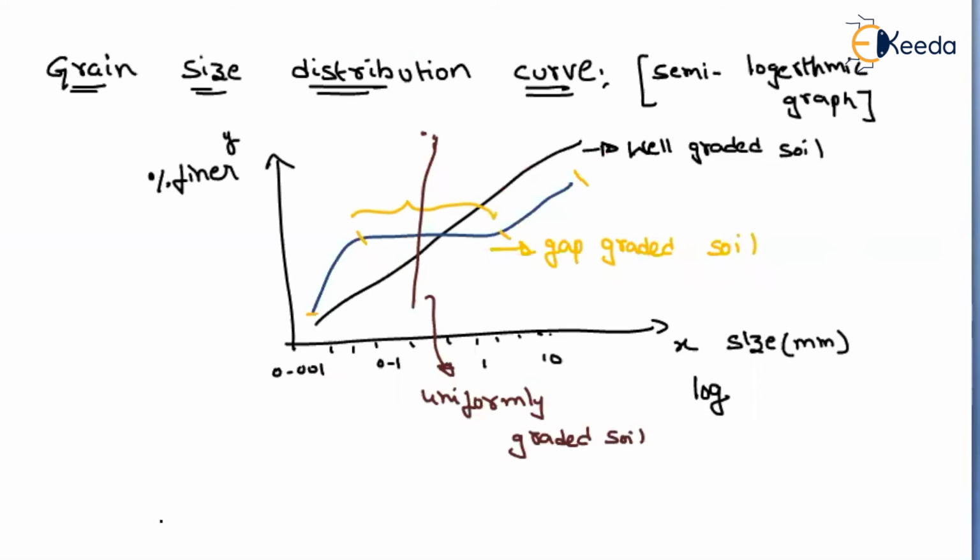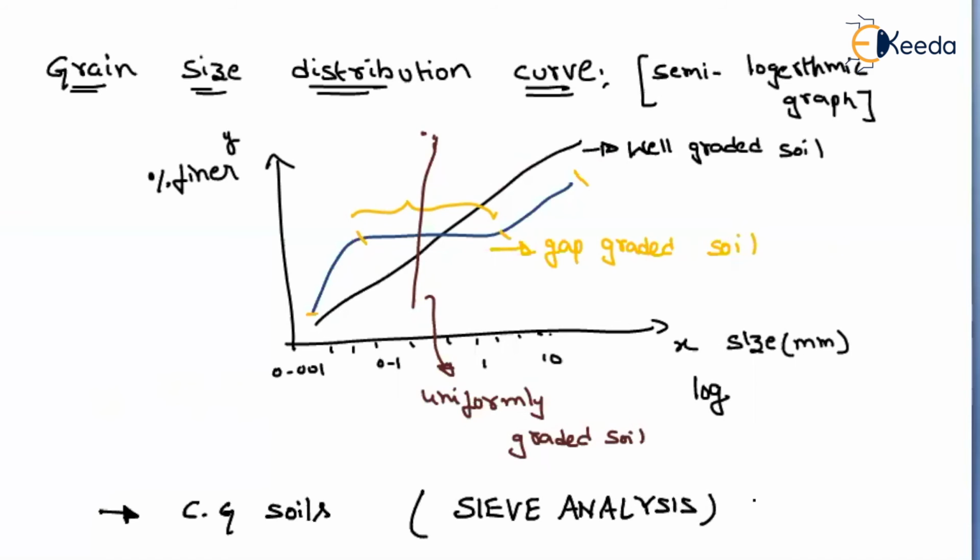And one more important point here is that grain size distribution is applicable for coarse grained soils, and we study the grain size distribution curve based on the sieve analysis. Whatever results are obtained in the sieve analysis, using those results we will draw the grain size distribution curve.